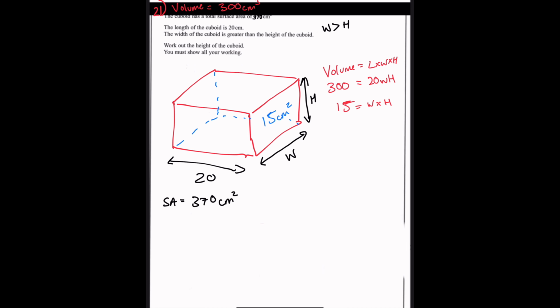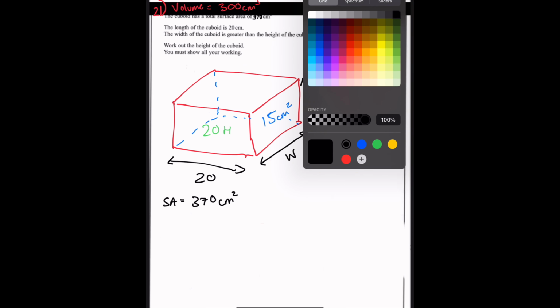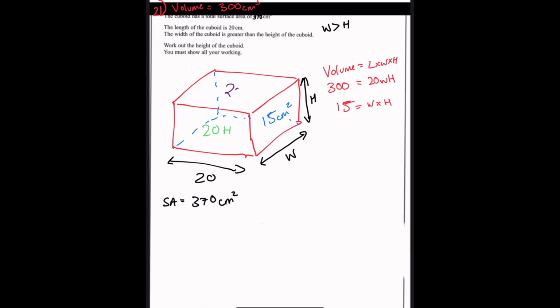The top bit, this face is going to be 20 times H, and this bit on the top is going to be 20 times the width. And I have all of these faces twice.